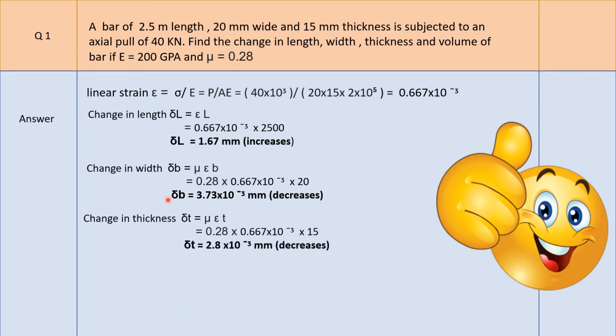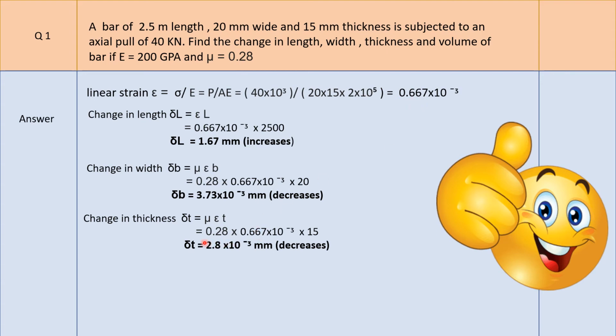Now let us calculate the change in thickness. Change in thickness will be mu into epsilon into T. Substitute value of mu is 0.28, epsilon is 0.667 into 10 raised to minus 3, and the thickness given is 15 mm. Here is the mu, and this is the strain epsilon which we have substituted here.